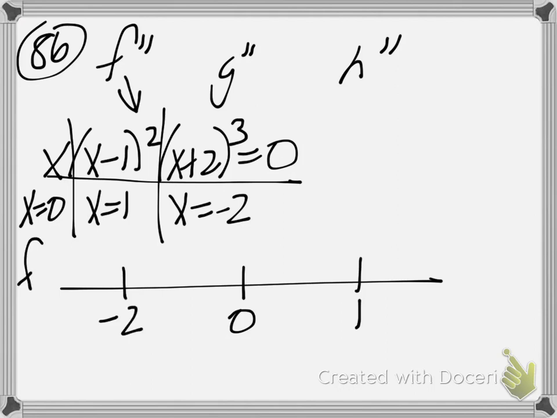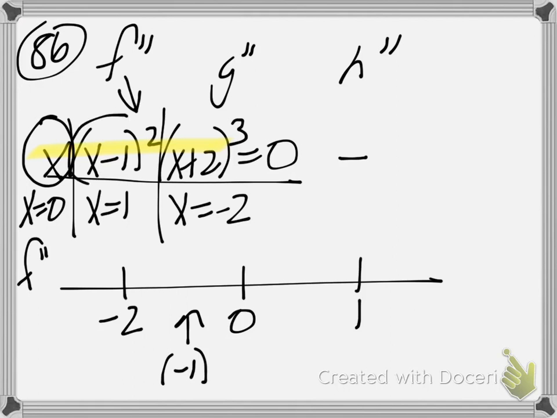Okay, and now we have to test values into f double prime. And you may be thinking, oh my god, this is going to take forever. But it really is not going to be too bad. So I'm going to give you an example. If we want to try a number in here, let's say negative 1. Well, remember, you're going to be putting that into this over here. It doesn't matter what the value is, it just matters if it's positive or negative. So if you put a negative 1 into this x, you're going to get a negative sign.